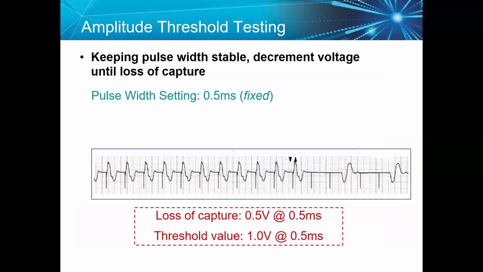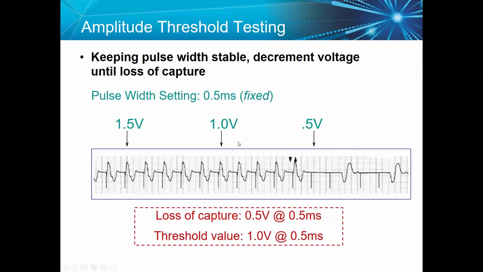Here, keeping the pulse width stable at 0.5 millisecond, we decrement the volts, and loss of capture occurs here at 0.5 volt, and here the threshold value is 1. It goes from 1.5 to 1 and 0.5, lost here, so the threshold here is 1.